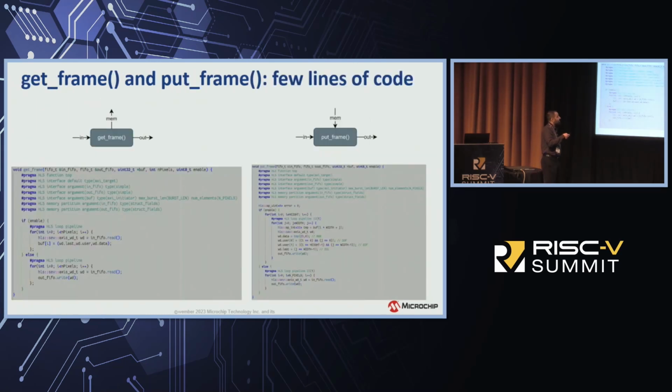What I want to highlight here is that with only a few lines of code, you can achieve very complex functionality. Like in this case, for example, the function is called getFrame. This is the one that steers the video frames either to DDR memory or sends them downstream to the next module. You can see, for example, here it says if enable, which is an argument of the function, then loop over the number of pixels, which is also another argument of the function, then read the input stream, the pixels coming from the stream, and write them to the memory buffer.